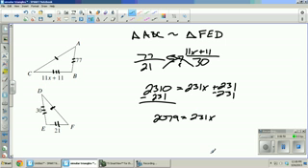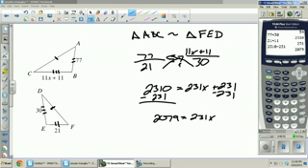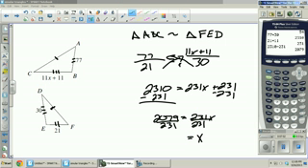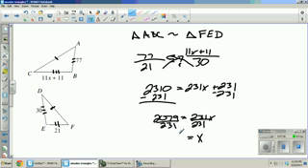So now I'm going to divide by 231. Use that bell again. I divide by 231, I hit enter, and I get that x equals 9.